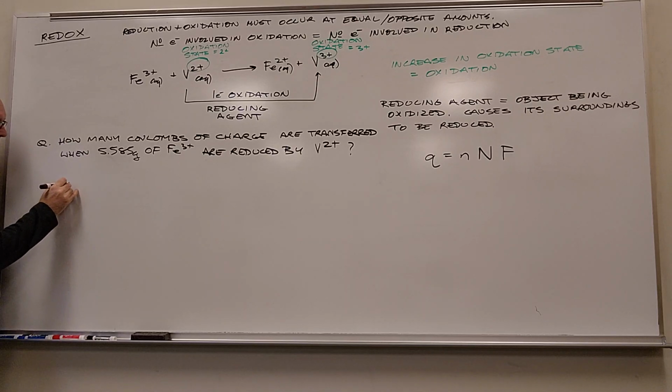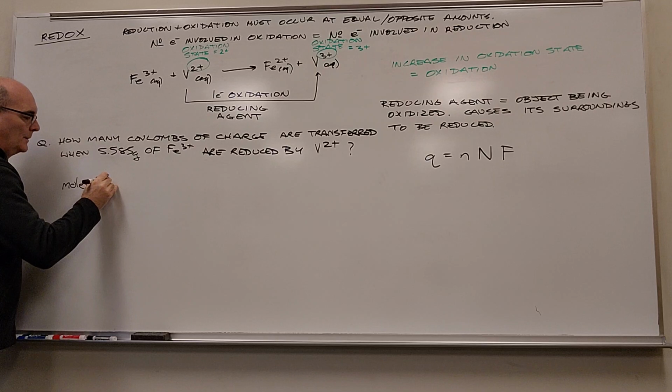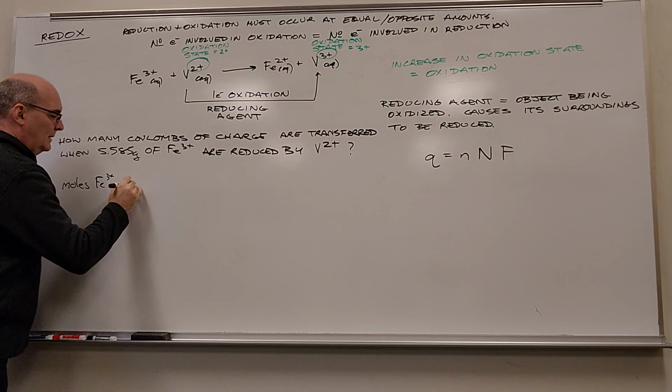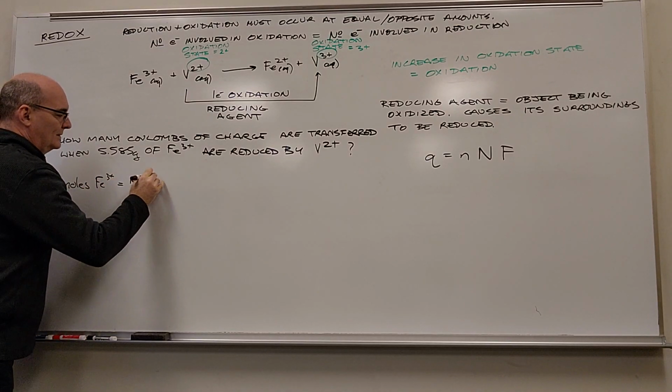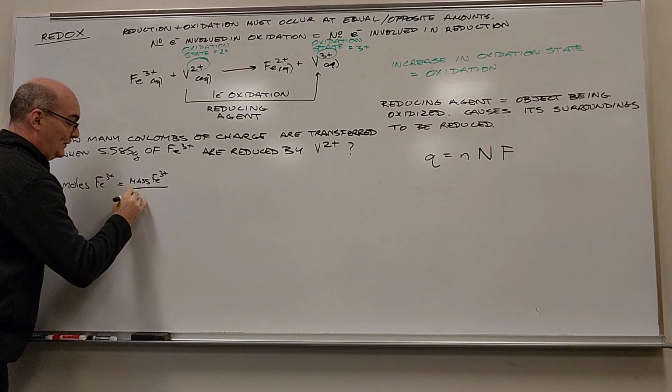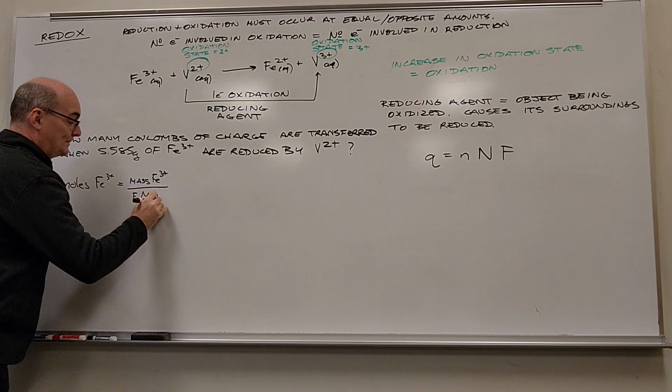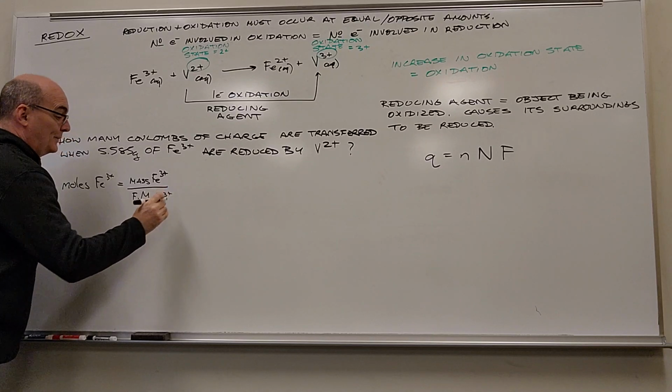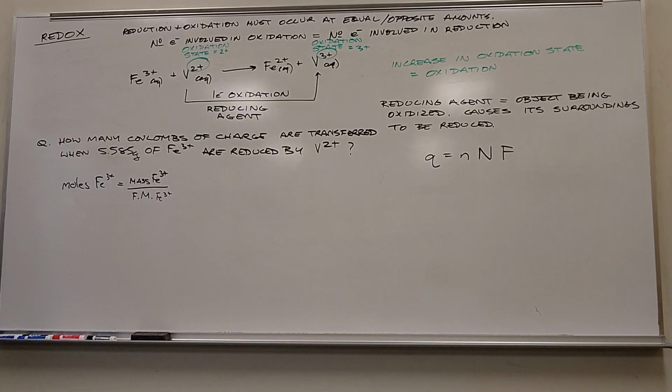Okay. We need to find moles. Moles of iron 3 is mass of iron 3 divided by the formula mass of iron 3. Well, there is no formula mass for iron 3, there's only an atomic mass, but I'm not going to change my convention. I write it that way all the time. Okay, let's go find iron.